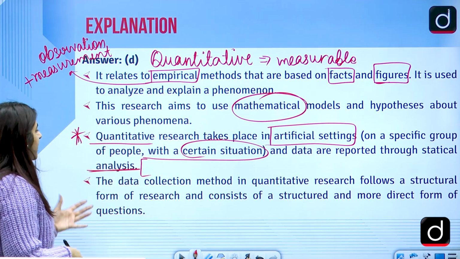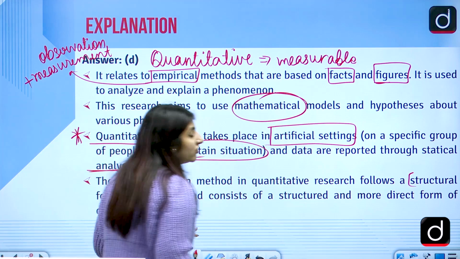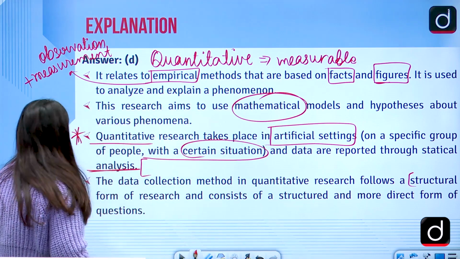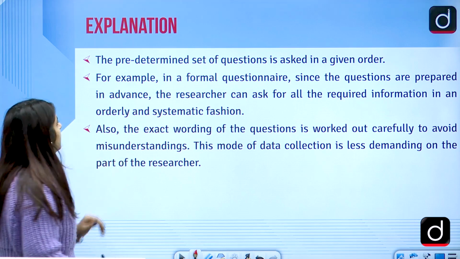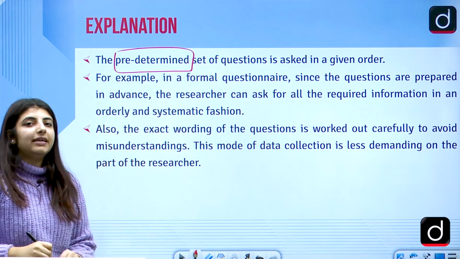Moving forward with the next point, the data collection method follows a structured approach. See, it is always predetermined. That's why it is structured.